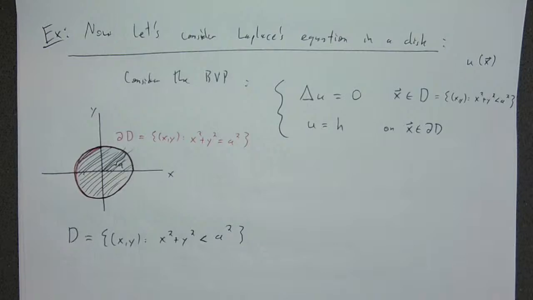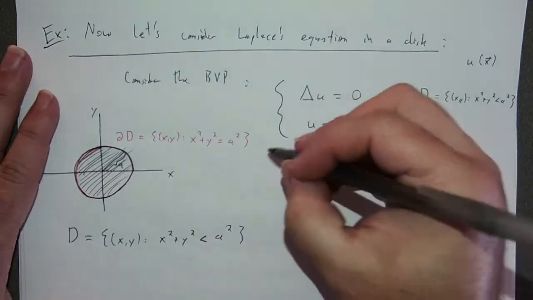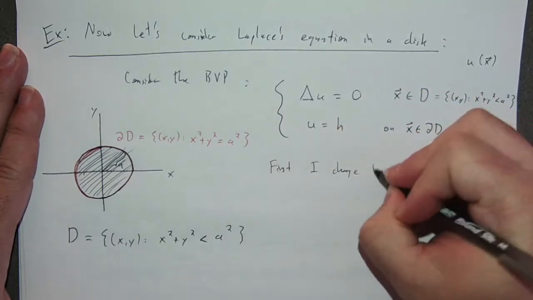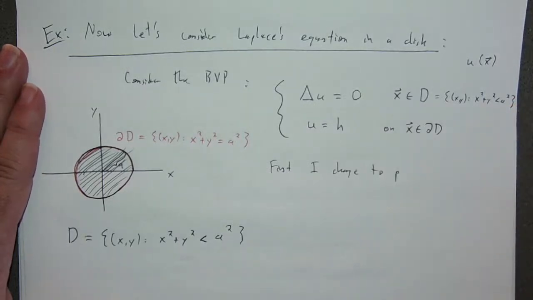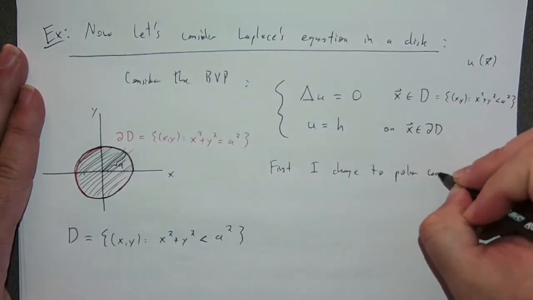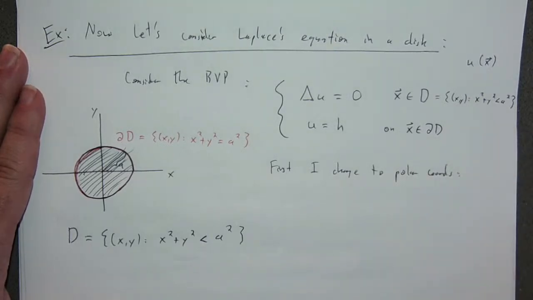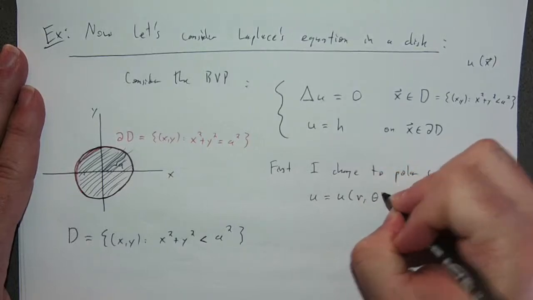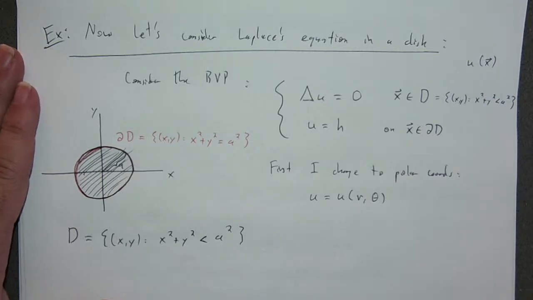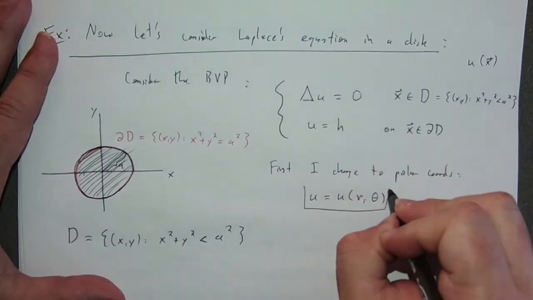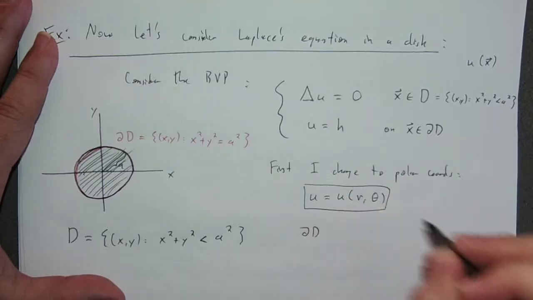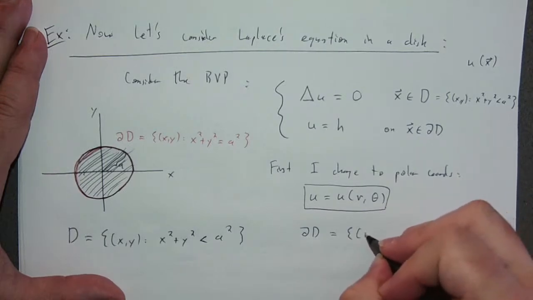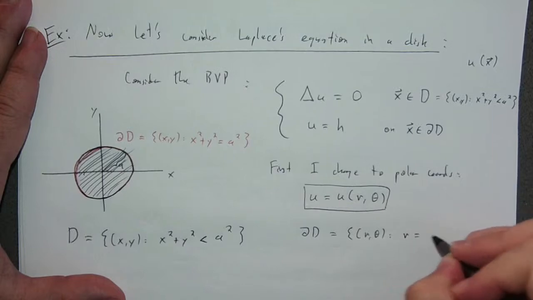And so, what do I do here? First, I change to polar coordinates. If I let u be a function now of r and theta instead, how do I describe my boundary in these new polar coordinates? This is described as the set of (r, theta) such that r is equal to a.